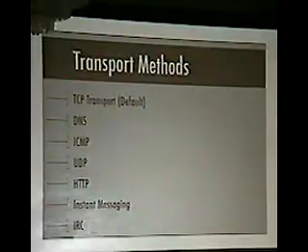We have TCP transport, which is implemented as the default, but we have skeleton code to implement DNS transport, ICMP transport, UDP transport, and HTTP transport. So if you can send HTTP in past the firewall, but you can only go out by ICMP, you can do that. You can send a message by HTTP and go out by ICMP. Or you can mix and match however you want.